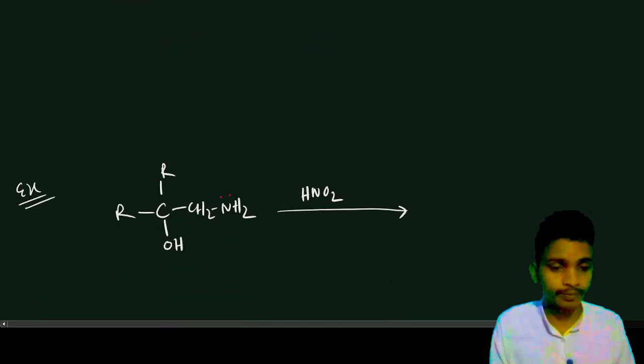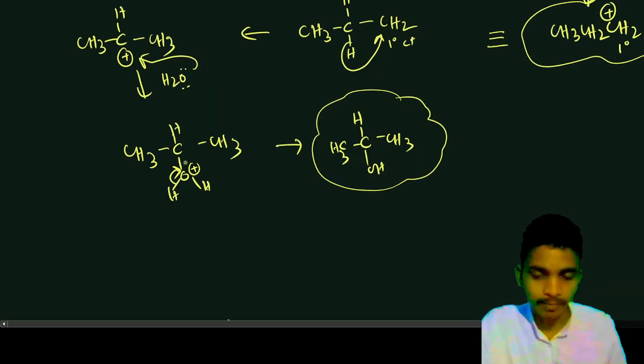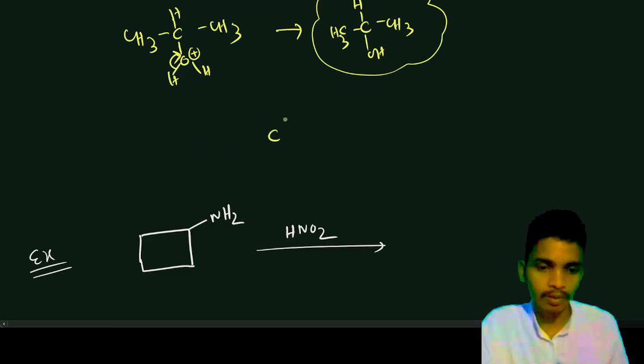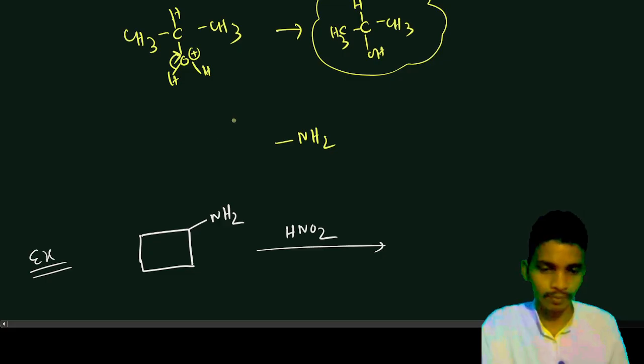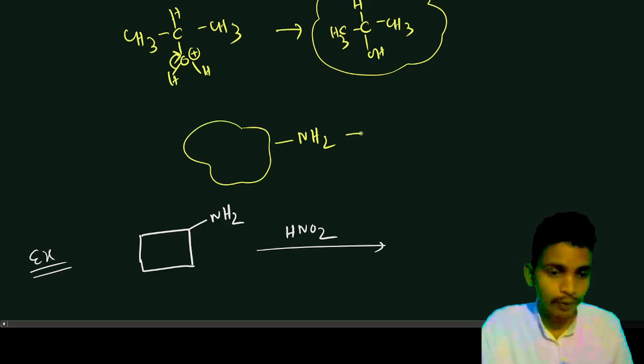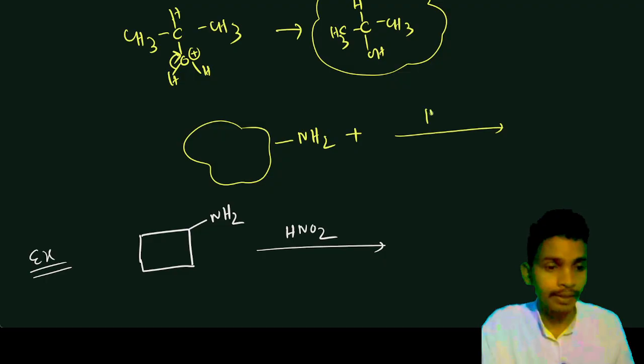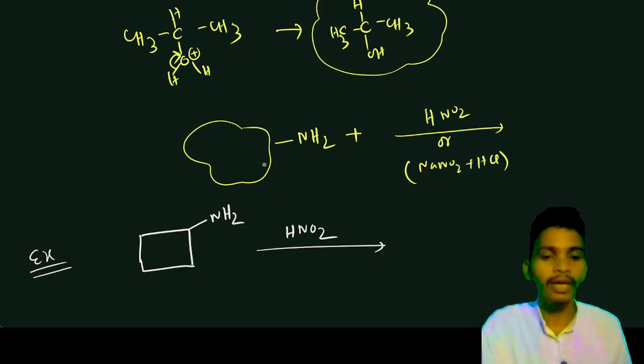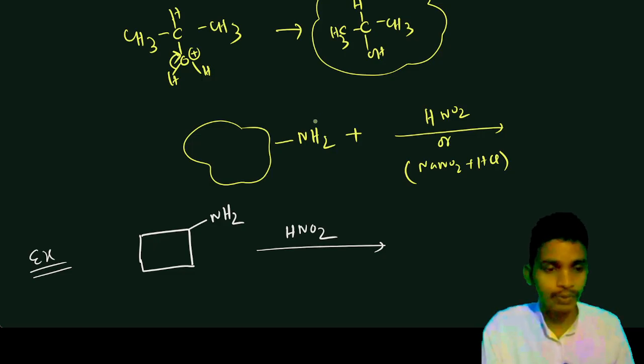Actually, the shortcut is that whenever you see any group, let's say NH2 is there, with any group, and you have the reagent HNO2, or it may be NaNO2 plus HCl, then what you do is simply release the NH2 as N2 gas.